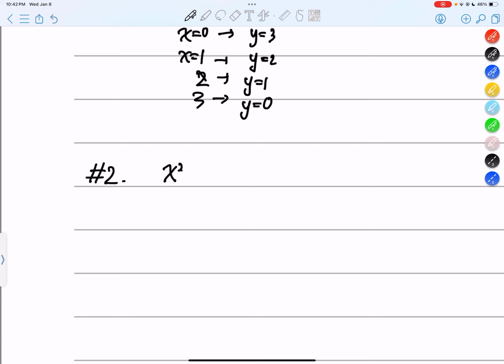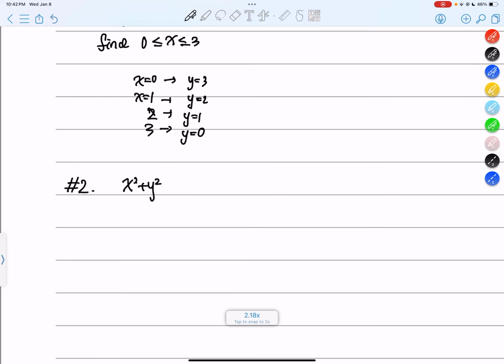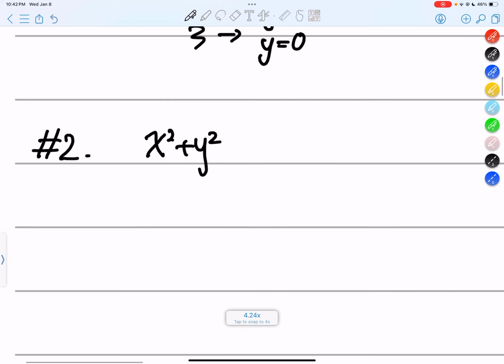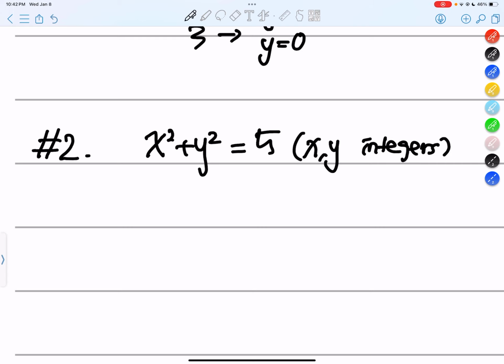Okay. And then let's go to a harder one. What about x squared plus y squared? How does that sound to you? Well, x squared plus y squared is basically, let's say it's 5, and then x and y are both integers. And then you're like, oh, well, that's interesting because I can't put numbers like 3 in y because that would be 9, and this can't be a negative number unless x is an imaginary number.